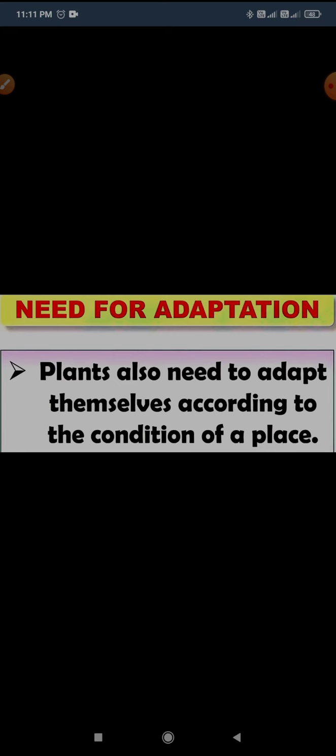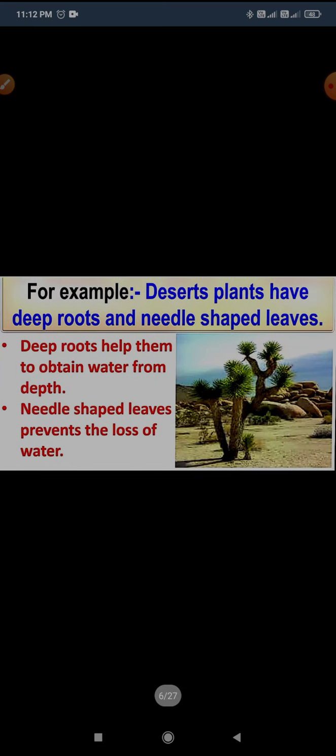Plants also need to adapt themselves according to the condition of a place. For example, now see the example. Desert plants have deep roots and needle shaped leaves.